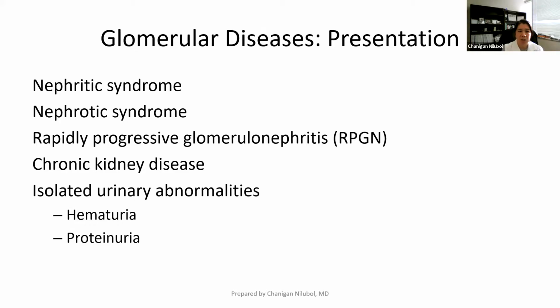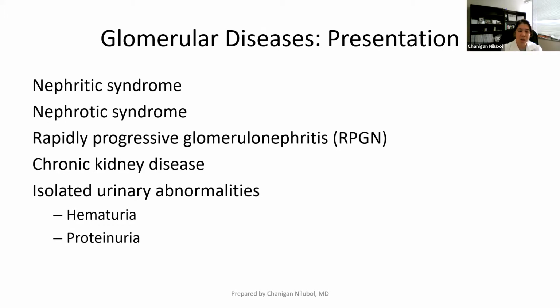Some can present with nephrotic syndrome: nephrotic range proteinuria, hypoalbuminemia, hypercholesterolemia, and swelling. Or they can come in the form of RPGN, which we usually joke always comes on Friday afternoon.